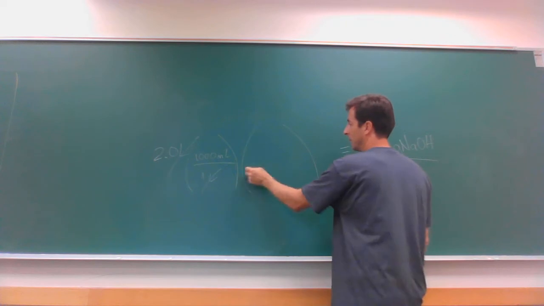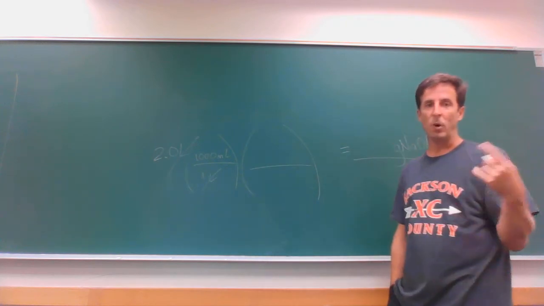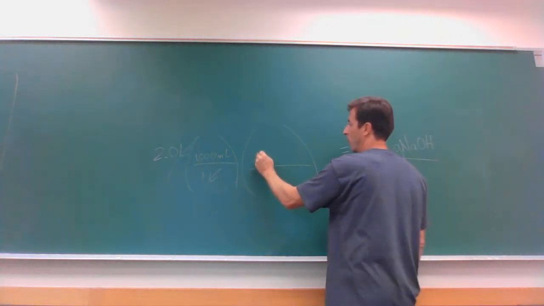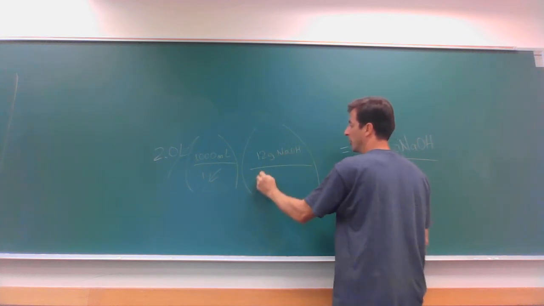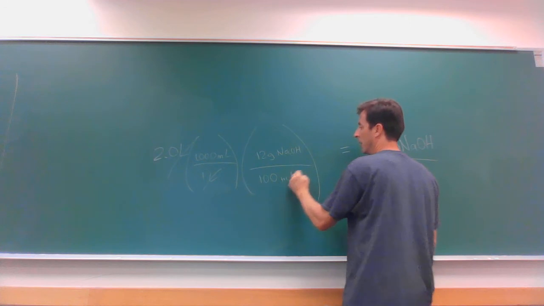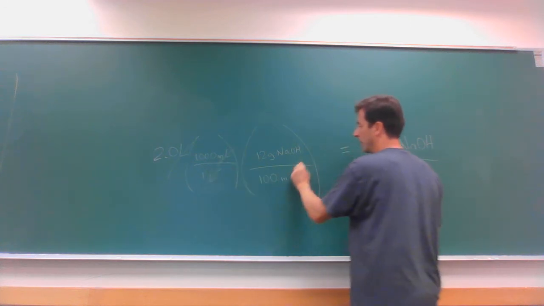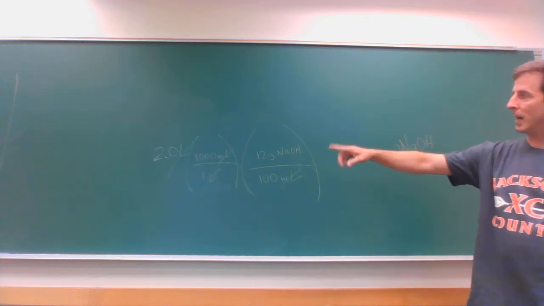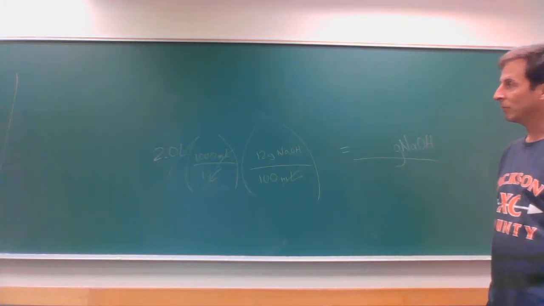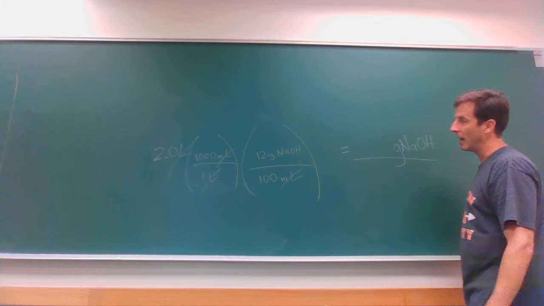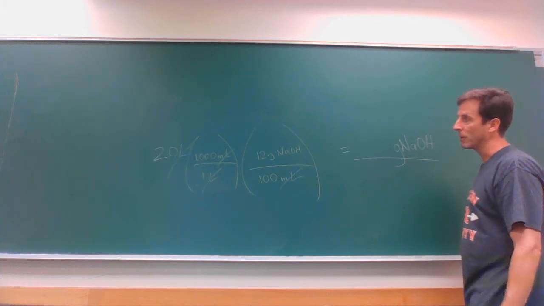Then I can say my percentage is 12%. So that's going to be 12 grams of NaOH per 100 milliliters of solution. Milliliters cancel milliliters. So if I do 2 times 1,000 times 12, that should give me 240.